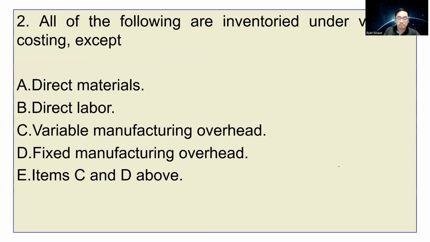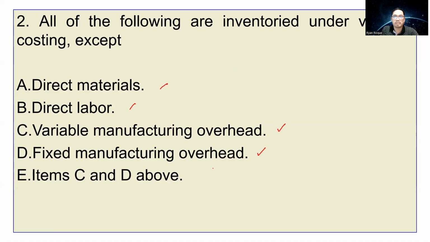So let's have number 2. All of the following are inventoried under the variable costing except, is it A, direct materials? Is it B, direct labor? Is it C, variable manufacturing overhead rather? Or is it D, fixed manufacturing overhead? Or is it E, items C and D above?